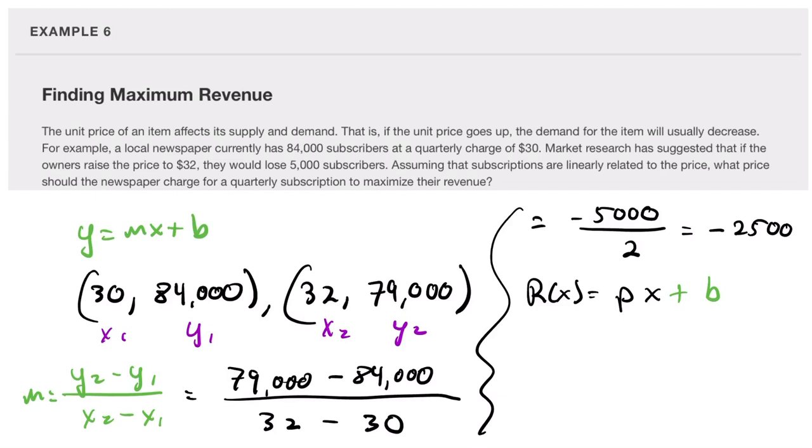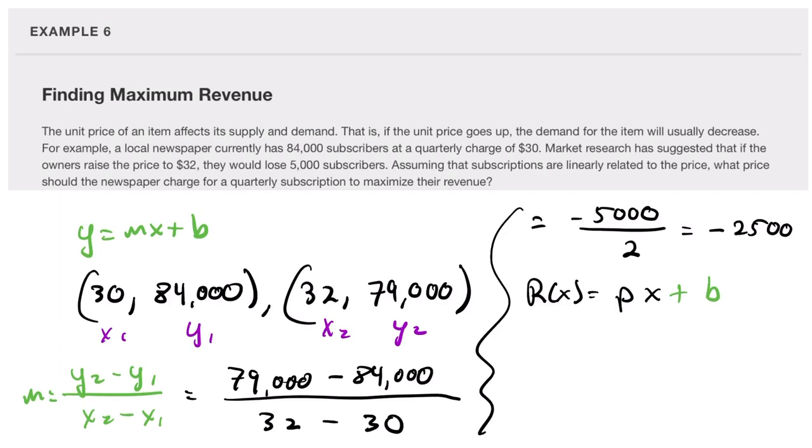So what we can do is take one of the pieces of information given. Let's see if that works. So when the price is $30, we'll have 84. Does that tell us it? Let me see.